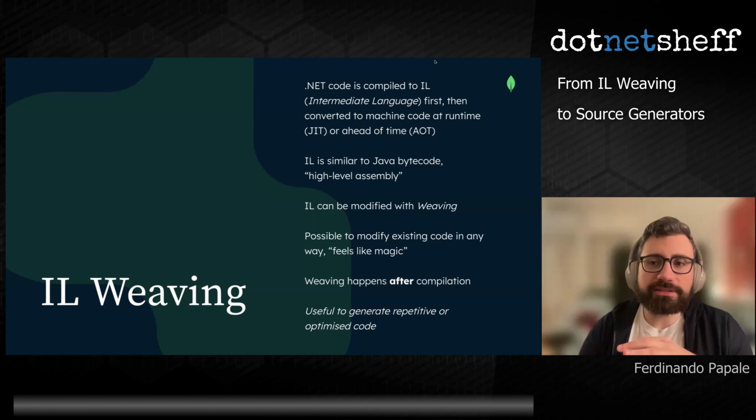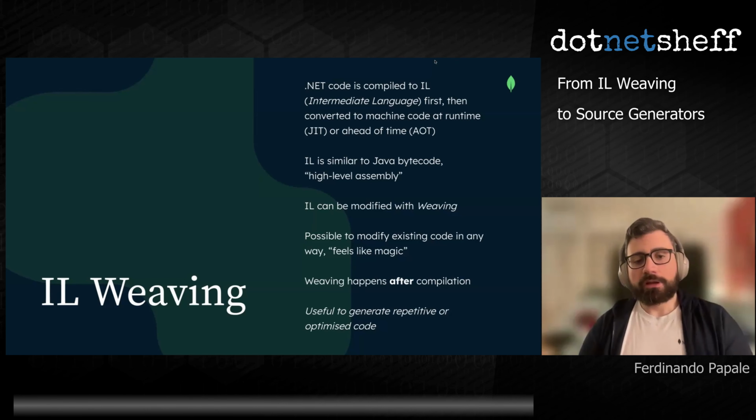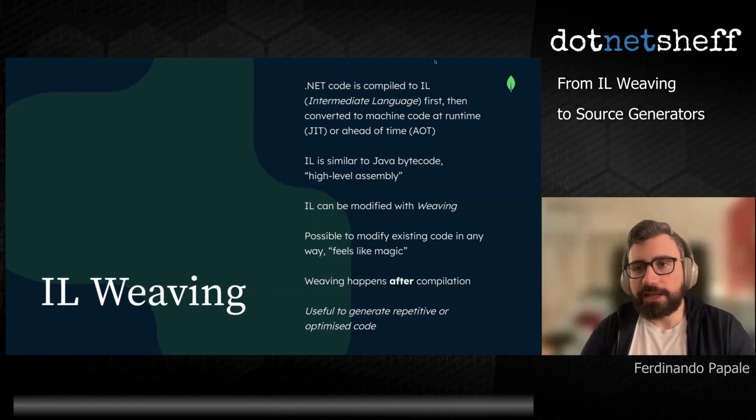IL is very similar to Java bytecode if you have experience with it, and it looks a lot like assembly. I will show you in another slide how it looks. IL weaving is the process of modifying the IL code to do practically anything.